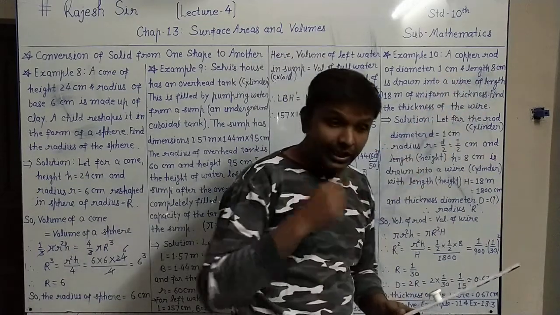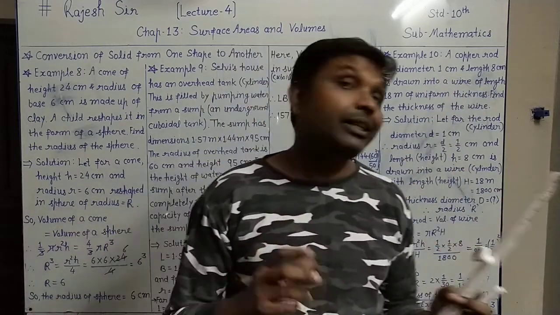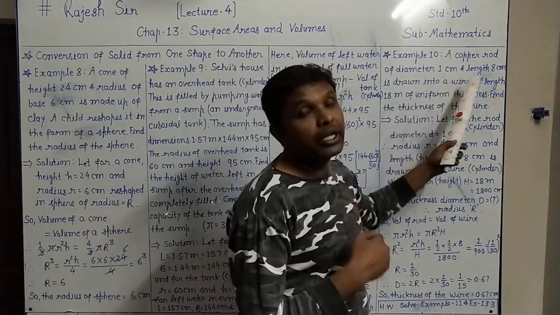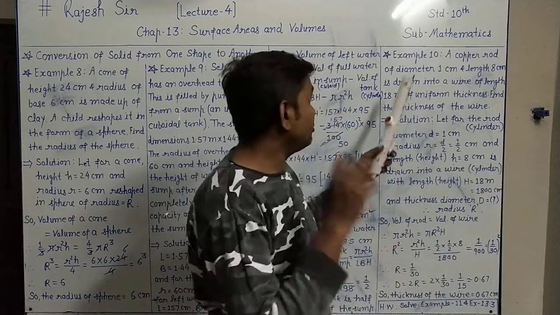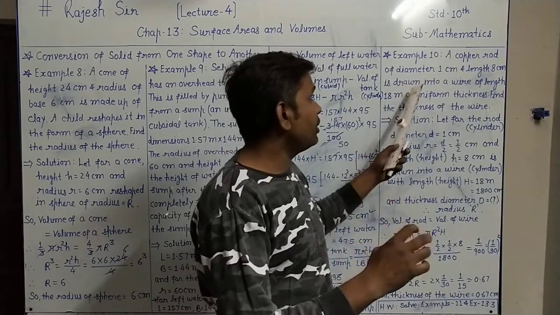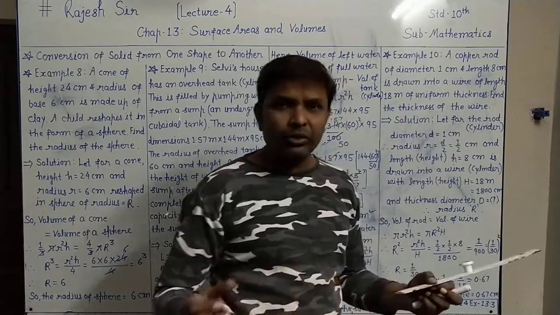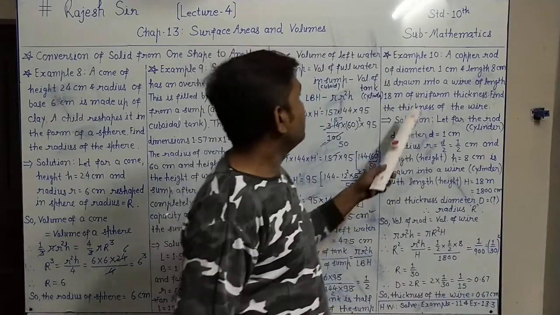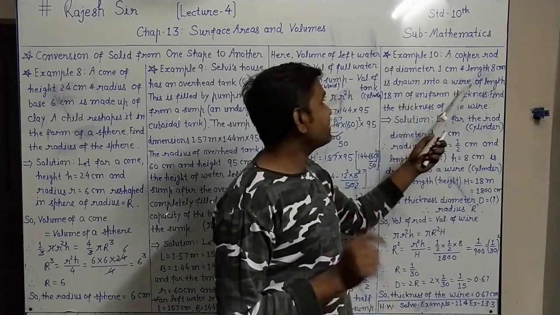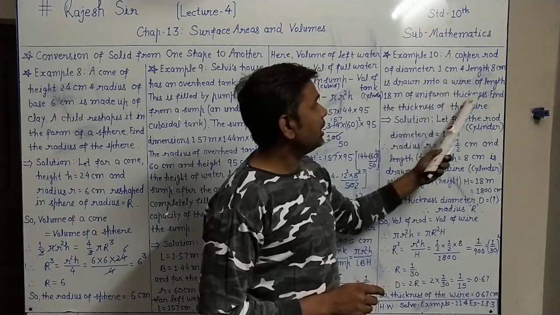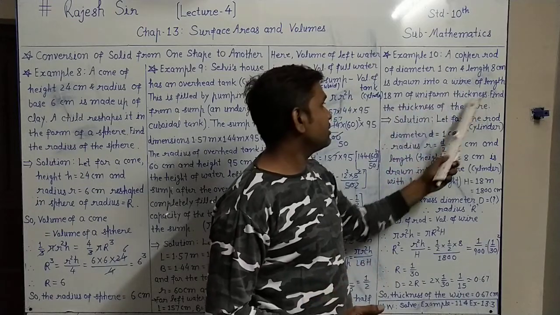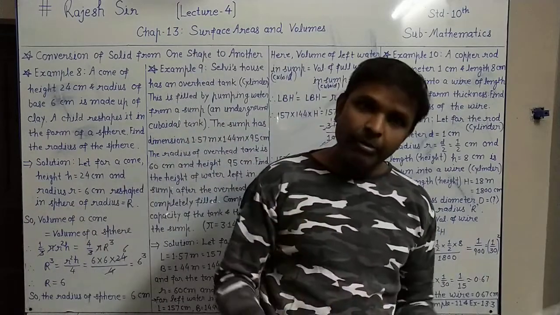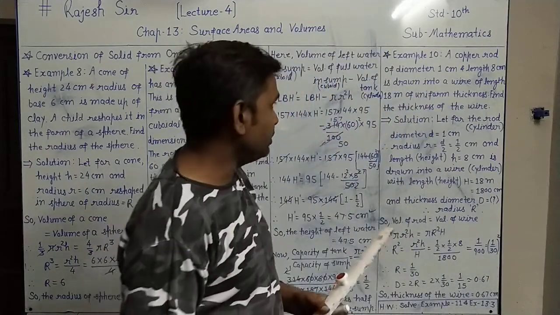That means it is indicating that the copper rod is cylindrical, then only it is having diameter and length. And from this rod, it is drawn into a wire. Wire is also cylindrical, having a small thickness, and the wire's length is 18 meter with some uniform thickness. Find the thickness of the wire. Thickness of the wire is actually the diameter of the wire we want to find out here.